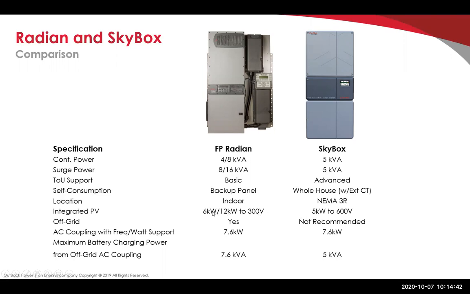And you can have up to 7 kW of connected PV per charge controller, so if you want to oversize your arrays a little bit, you can do that. The SkyBox can convert up to 5 kW of PV, but you can oversize your array up to 6.5 kW nameplate.